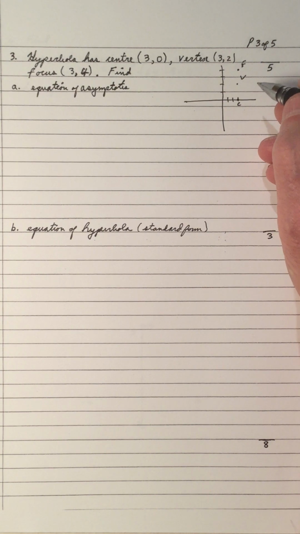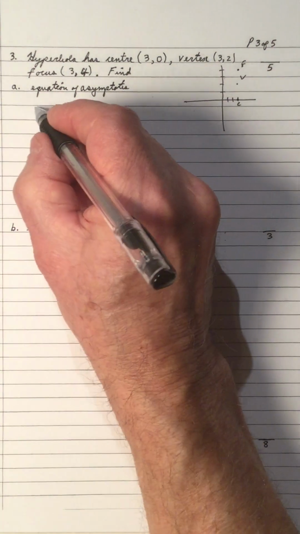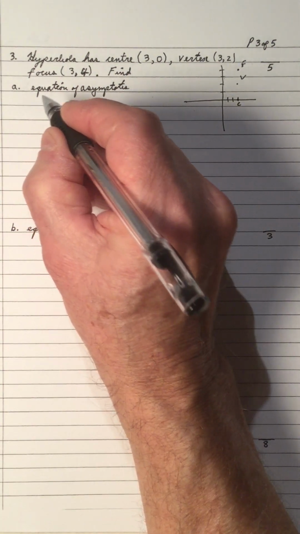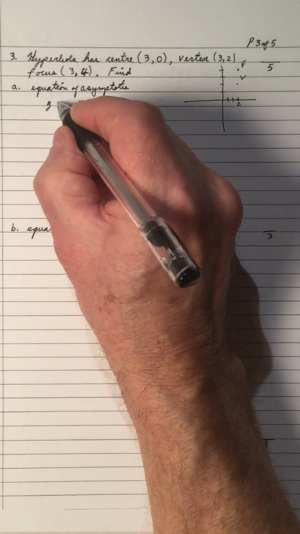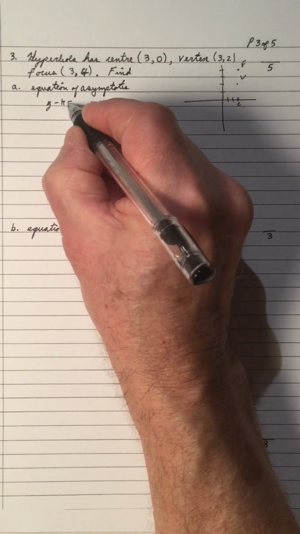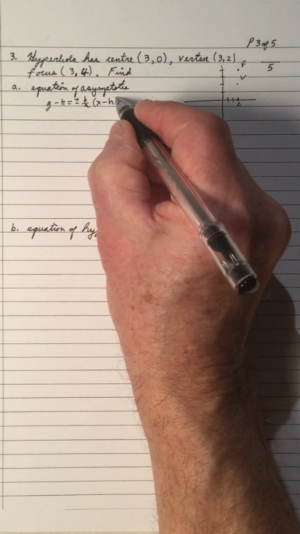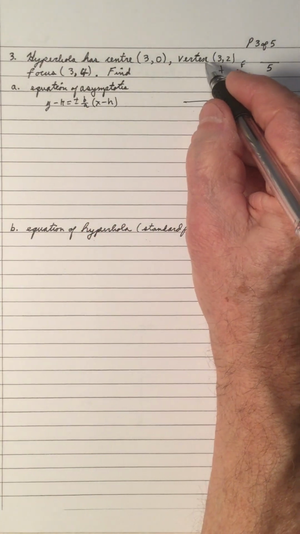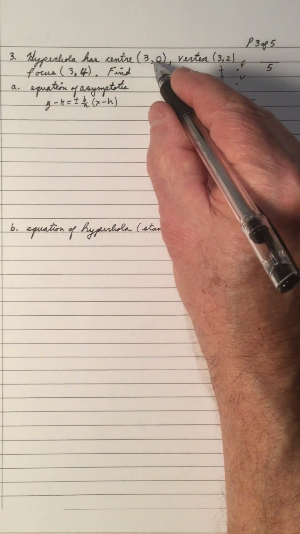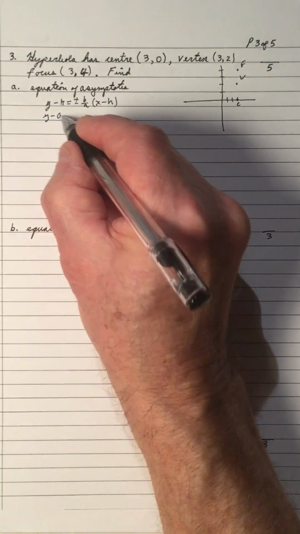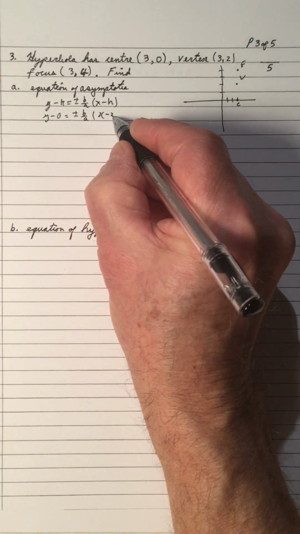And find the equation of the asymptote. Well, because the hyperbola is going up, the asymptote is y minus k equals plus or minus b over a times x minus h. And we have the center that it's going through is 3, 0, so that's y minus 0 equals plus or minus b over a times x minus 3.